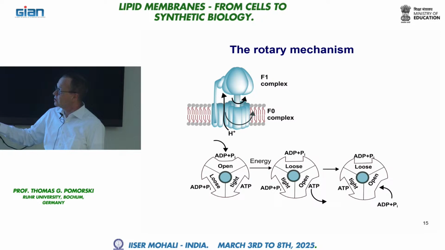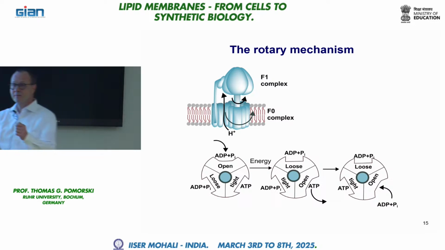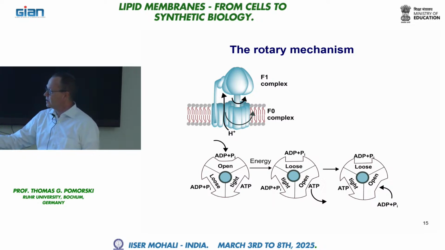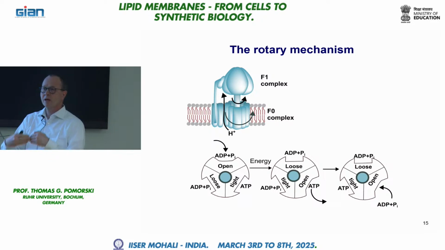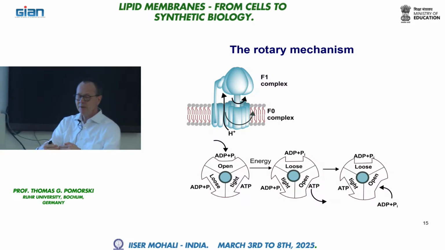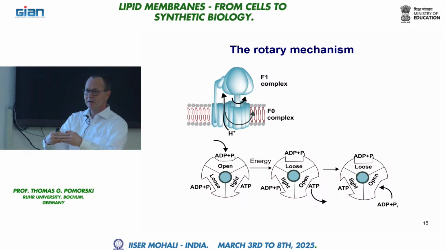This rotation affects the conformation of this F1 protein complex. It has 3 subunits that can bind ADP and phosphate, make the bond, and you get ATP. It does this in a cycle. Each of the 3 subunits can bind the ADP, the phosphate, and link it.